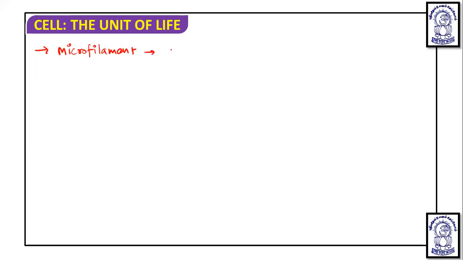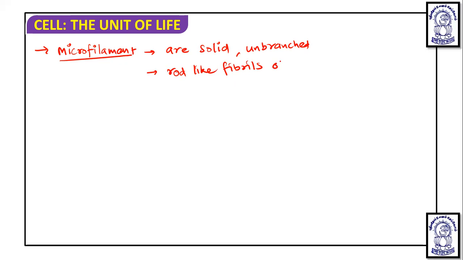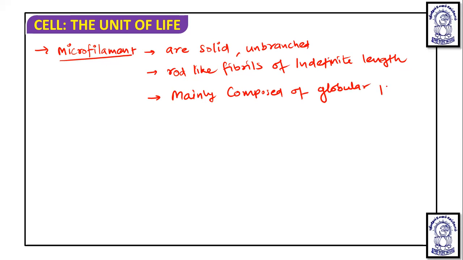They are solid and unbranched, rod like fibrils of indefinite length, and they are mainly composed of the globular protein actin.